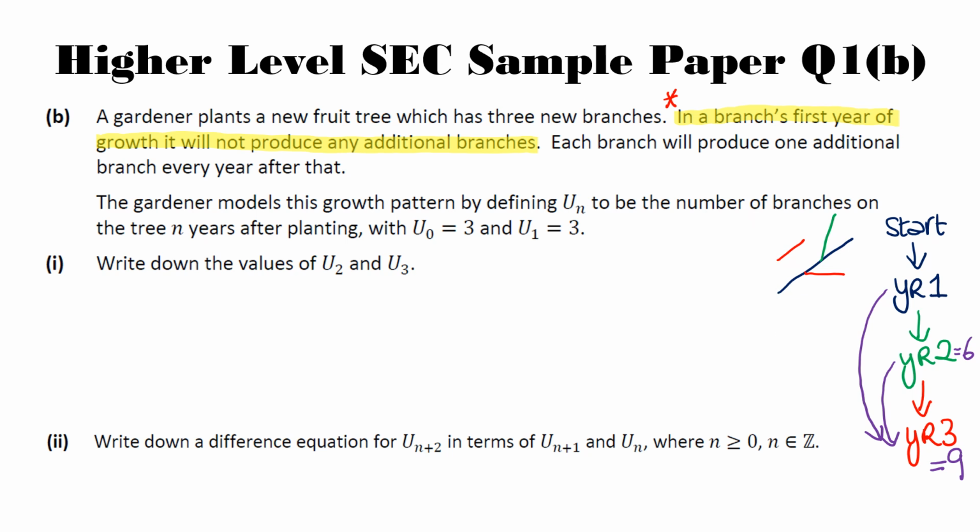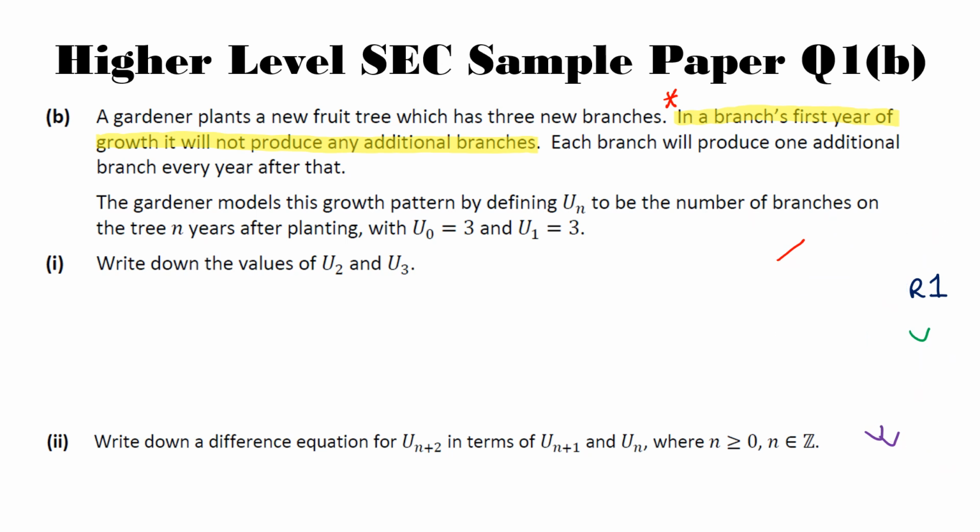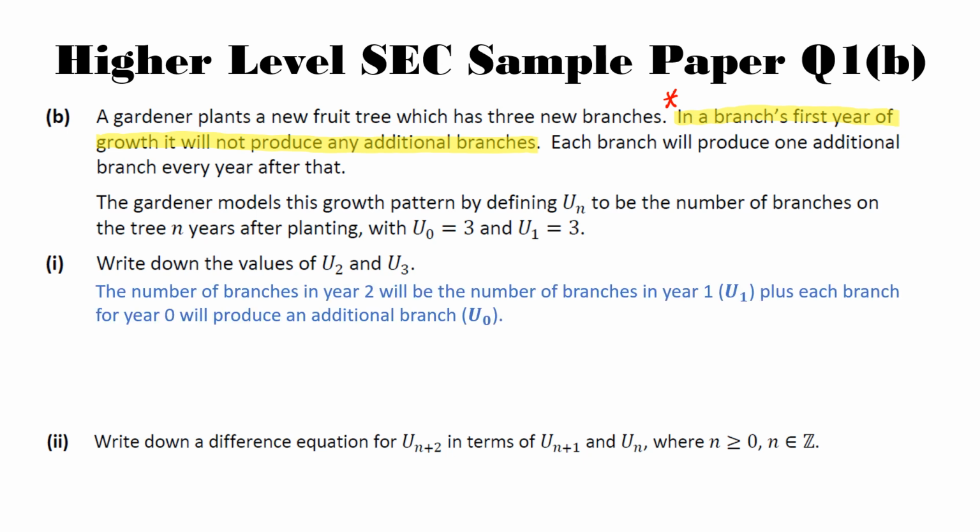So I'm going to get rid of this visual for a second, and I'm going to try and write this in terms of our U. So the number of branches in year 2, which is U2, will be the number of branches in year 1, U1, because they're all still going to be there, plus each branch that was there 2 years previously, so for us that's year 0, so the start, will produce an additional branch.